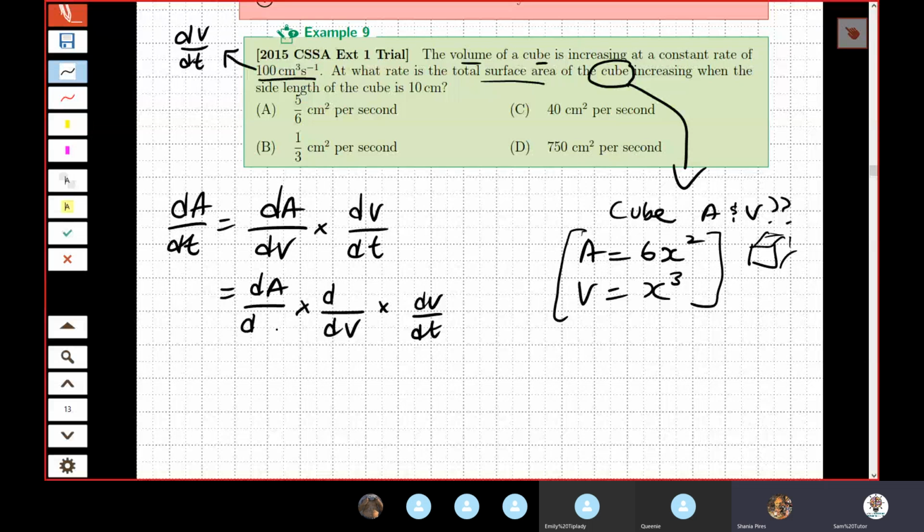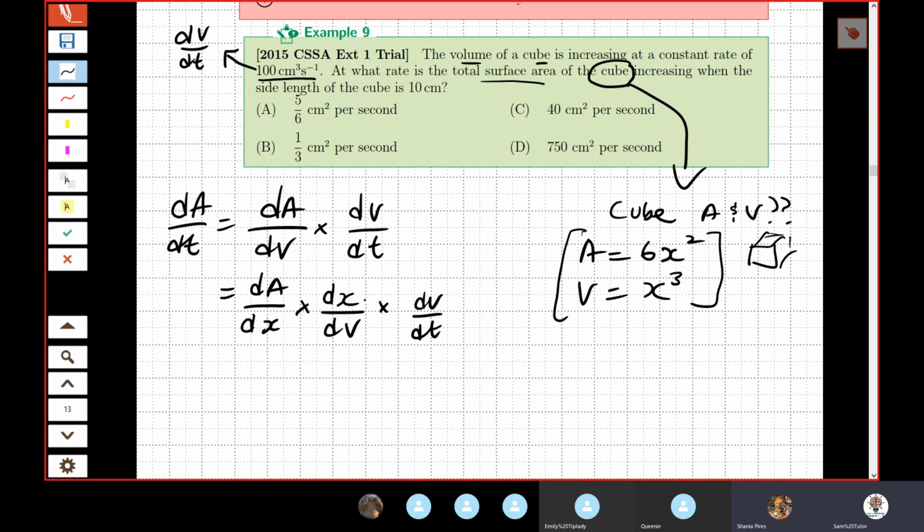So it's going to be dA on dx, because you have a relationship between A and x. When you said this is bad because we don't have a relationship for a cube of area and volume, well, same thing when you're saying t, I don't have a relationship between area and time. That's why they gave you this one, volume and time. They need to give you that because you can't actually find that.